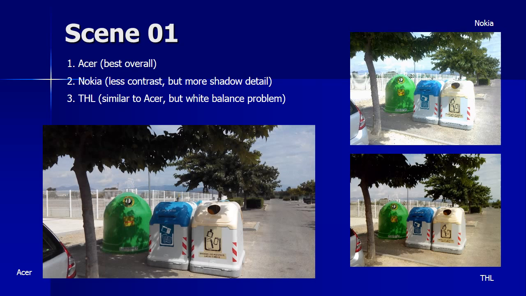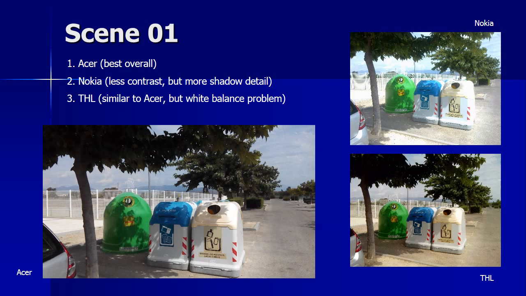I later decided that it was easier and better to compare with the 4:3 aspect ratio, so most of you will see the 4:3 later on. All these first 7 shots are taken outside on a bright sunny day, and I'm going to tell you which one I like best. Most of the time it's the Acer, but sometimes it's also the Nokia or the THL. So let's just go through these briefly.